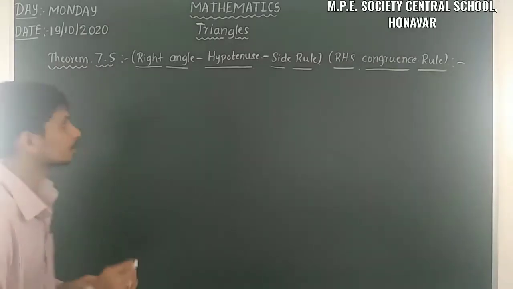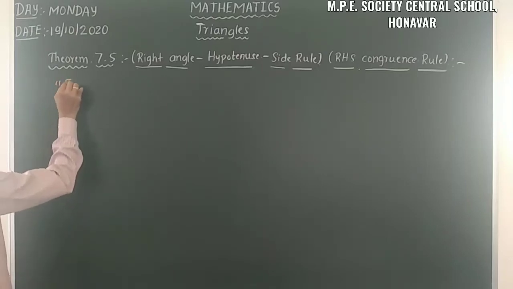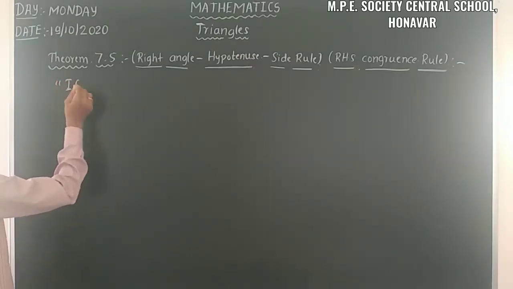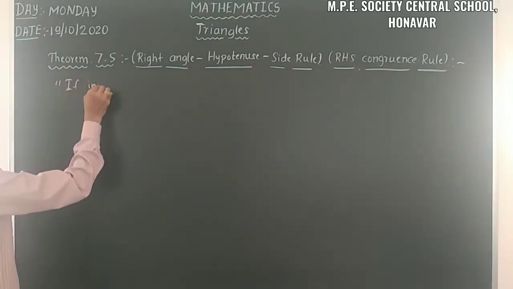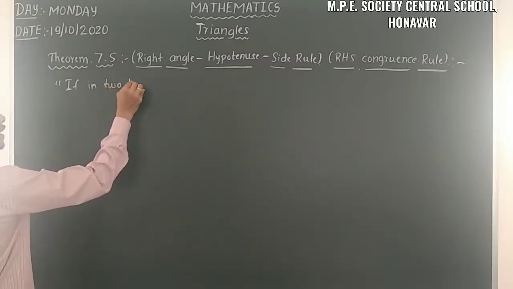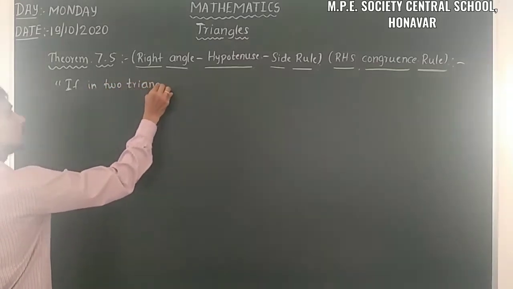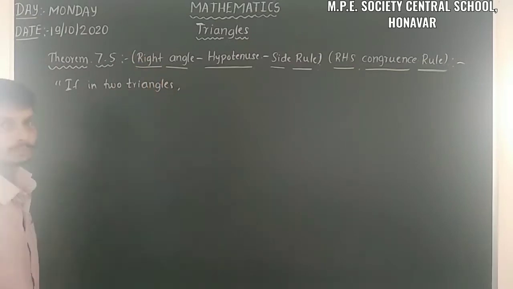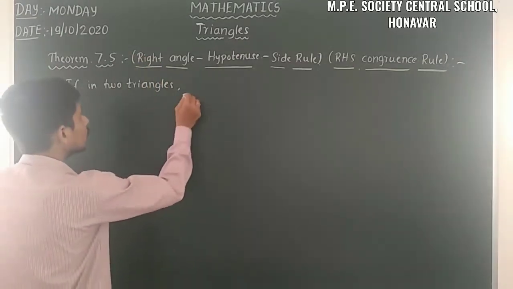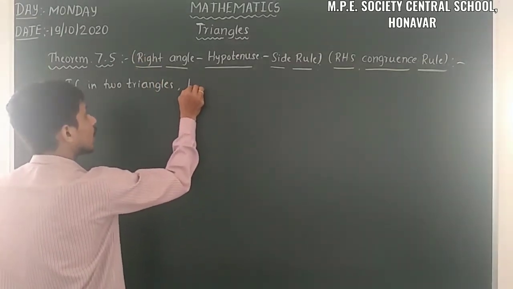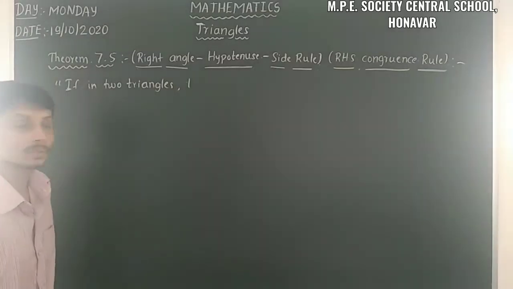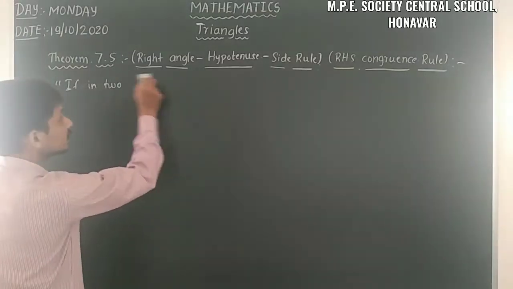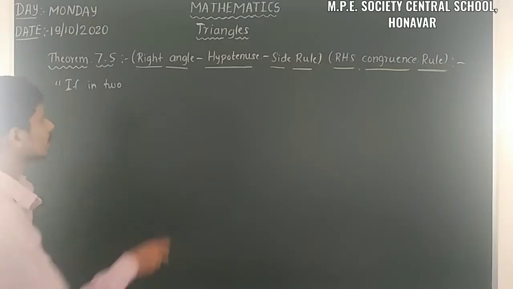So let us take the statement. If in two triangles, here we have to be aware that not just two triangles, we have to take two right angled triangles.